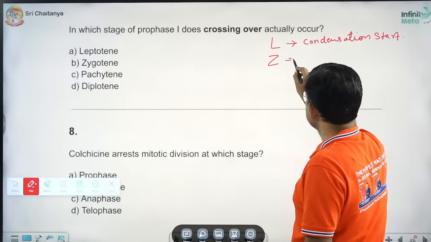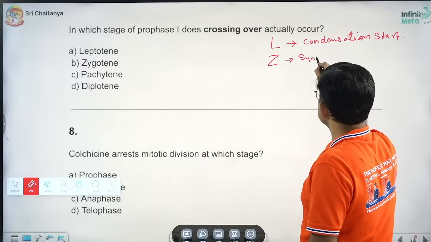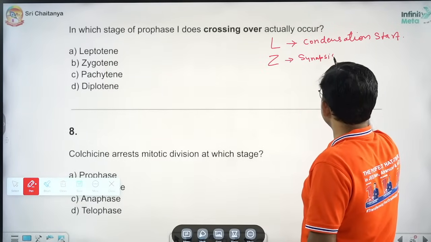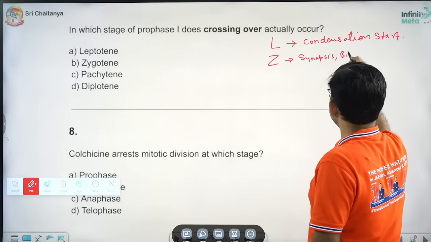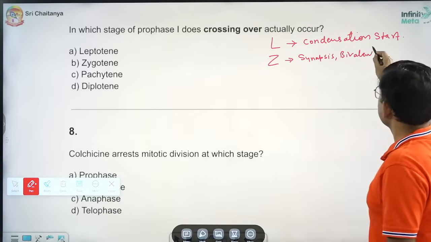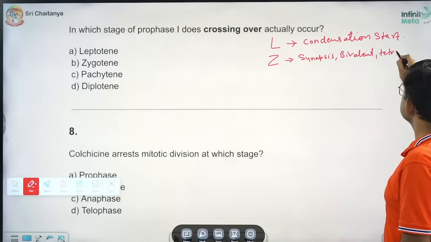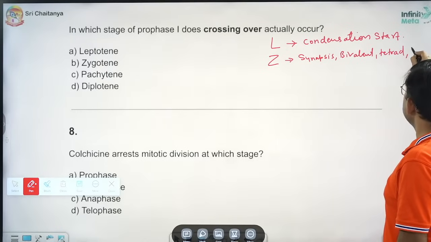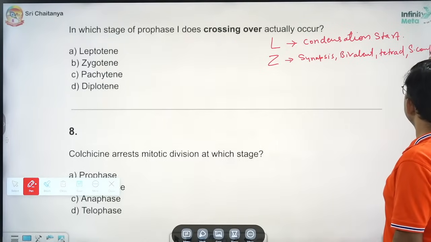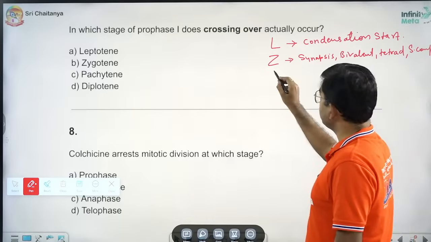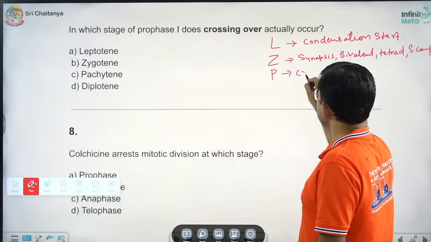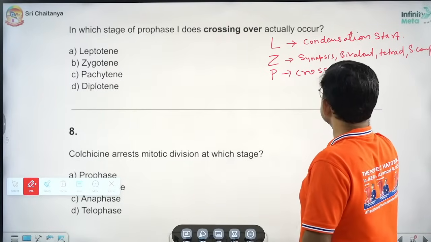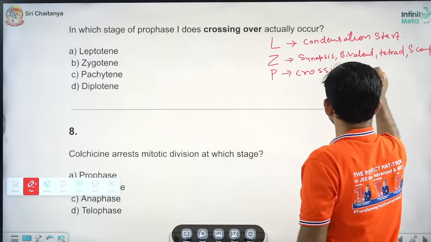Now zygotene, as I have said, synapsis formation, bivalent formation, tetrad formation, and synaptonemal complex formation. Then after zygotene, pachytene, here crossing over takes place, which is the question.